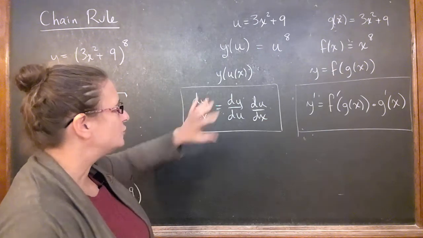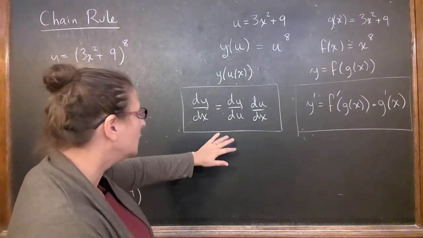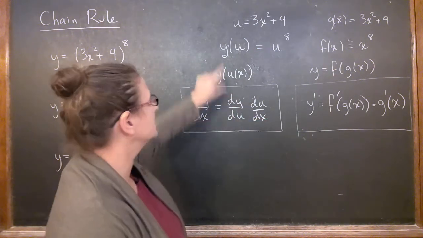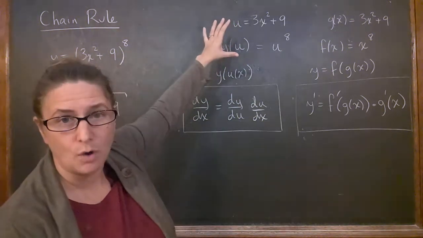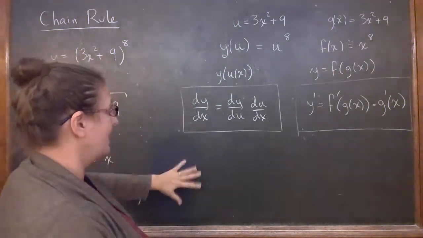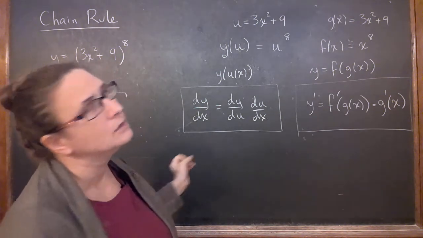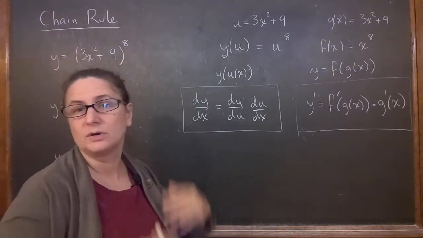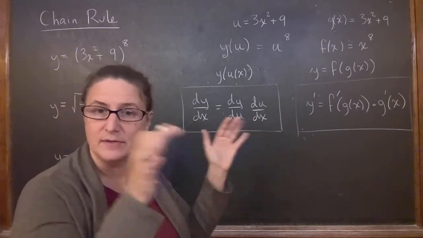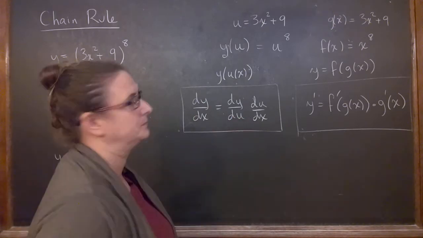So to be very clear, you can write it like this with the u if you want. I'll actually do that for this very first one. But typically, I don't do it that way. I just go ahead and take the derivative of the outer, then the inner.